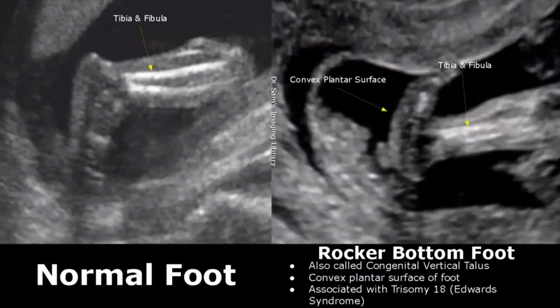Rocker bottom foot, which is also called congenital vertical talus, is a congenital anomaly in which there is a convex plantar surface of the foot. It is associated with trisomy 18, that is, Edwards syndrome.